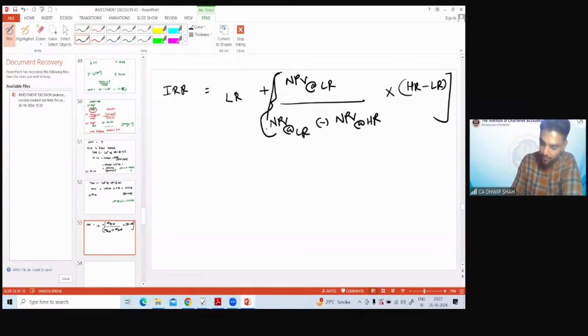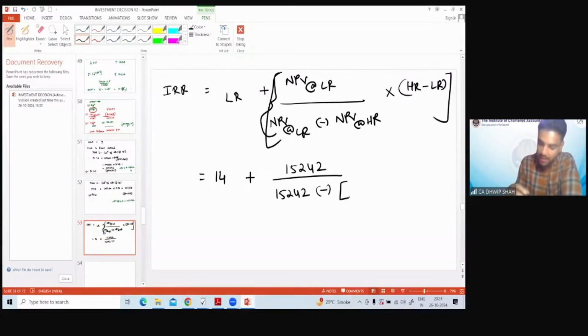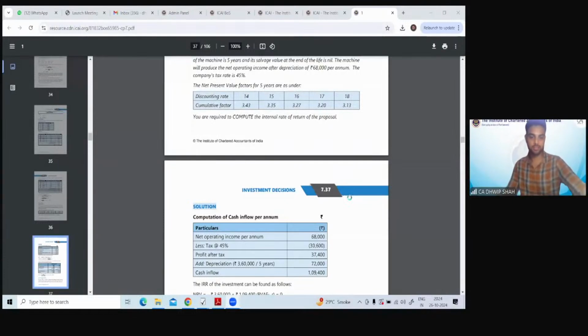Okay? Lower rate in our trial is 14%. NPV at 14% was positive 15,242. NPV at lower rate, positive 15,242, minus NPV at higher rate. Hey yaar, this is very frustrating.